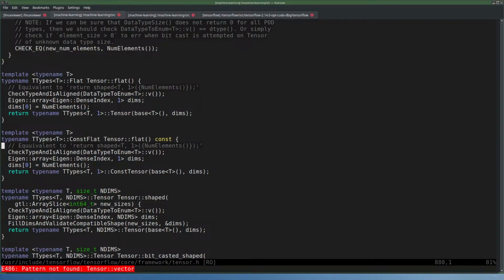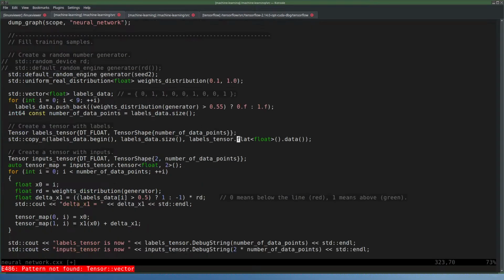Pull request. Yeah, just a map then. A tensor map for floats from a two-dimensional array, I think. And this thing is a one-dimensional array.